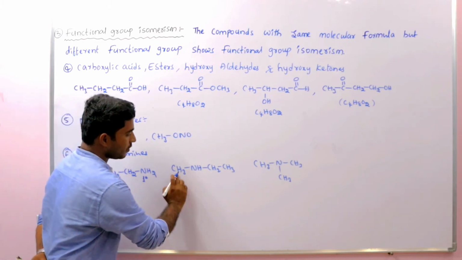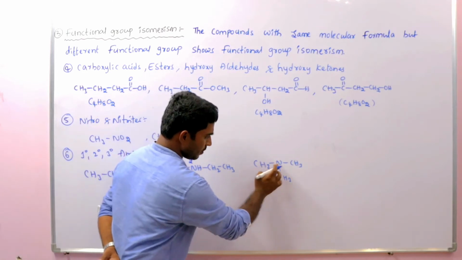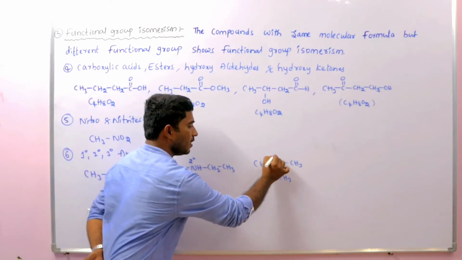Then here nitrogen is bonded to two carbons, that's why it is said to be secondary. In this case, nitrogen is bonded to three carbons, that's why it is said to be tertiary nitrogen.